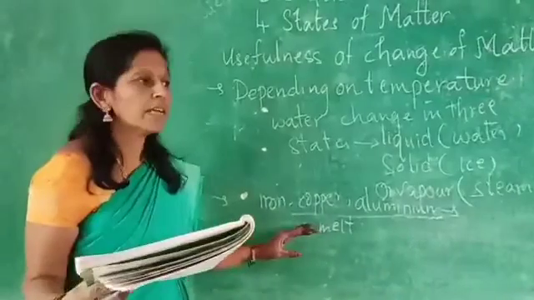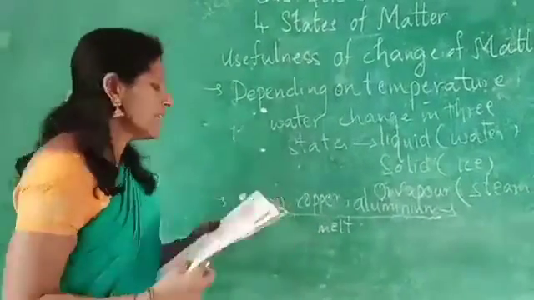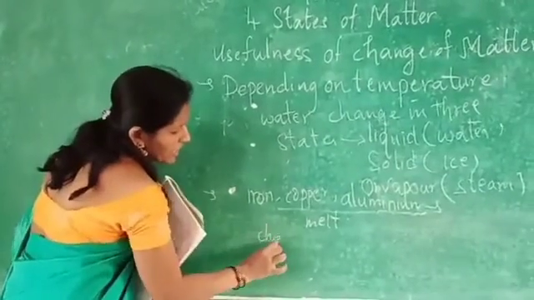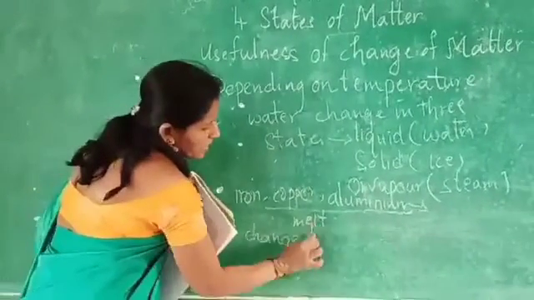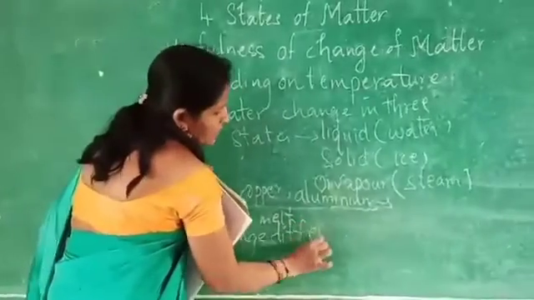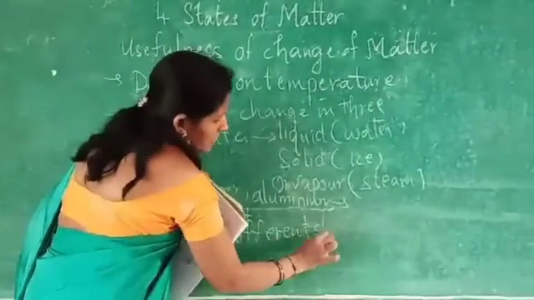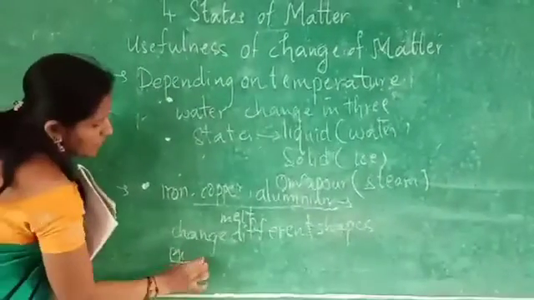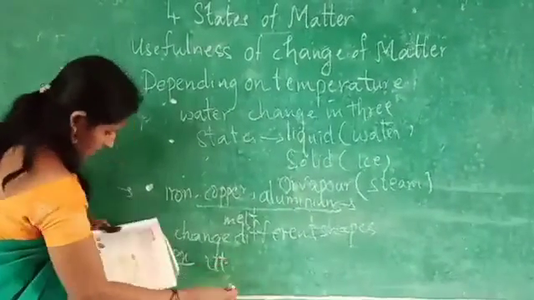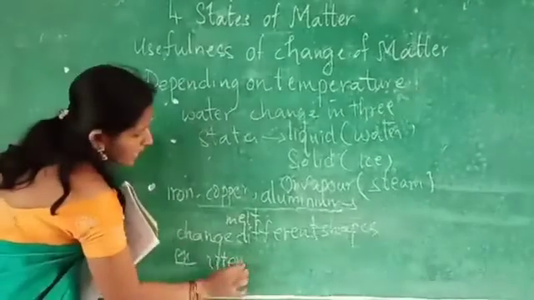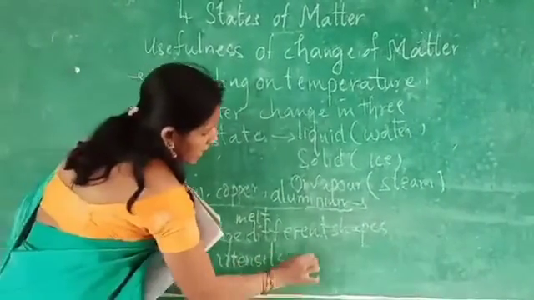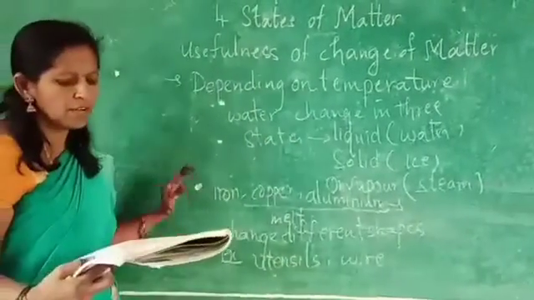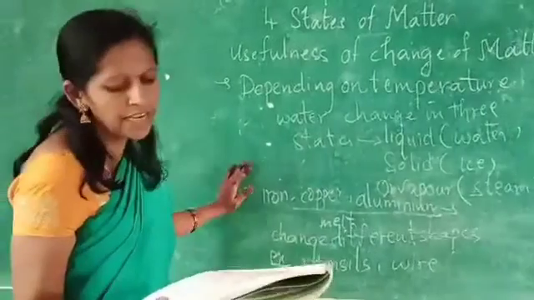For example, we can make utensils and wires, etc. So metals can be shaped into different things.